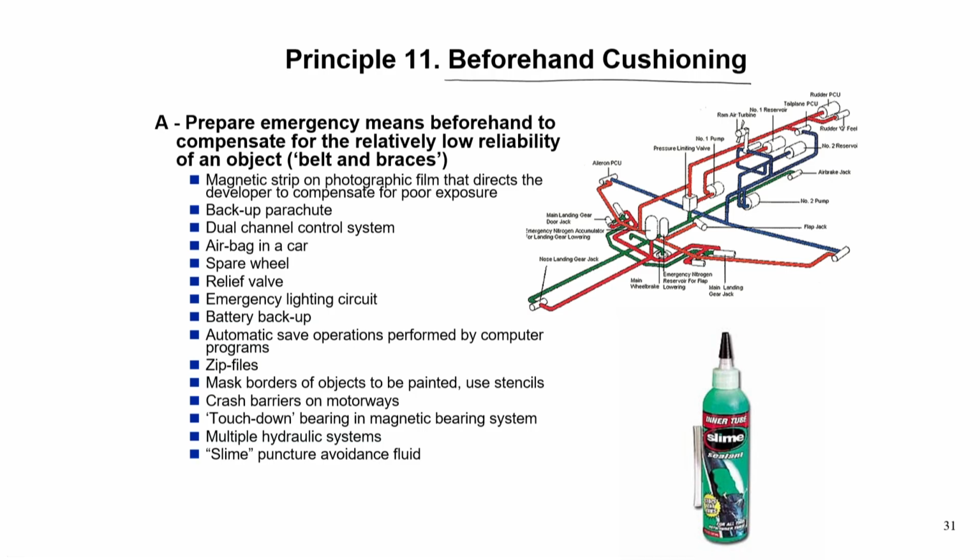So, what does that mean, beforehand cushioning? Well, we know that every system has certain predictable possibilities of failure. Let us take an example like a fighter aircraft, or let us say first of all a normal aircraft.